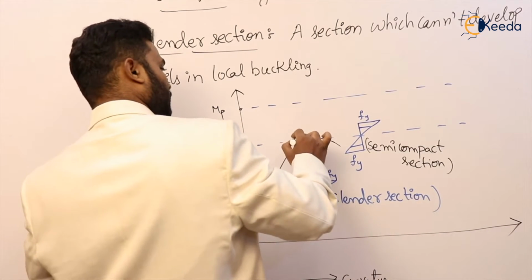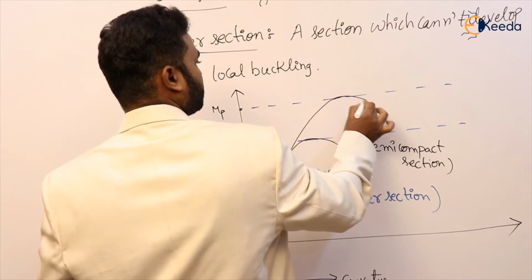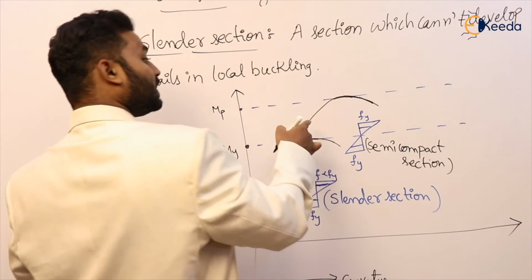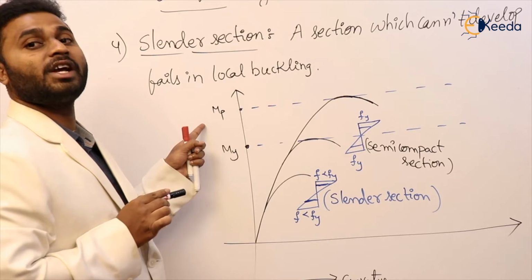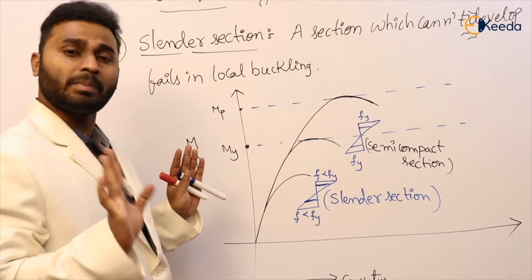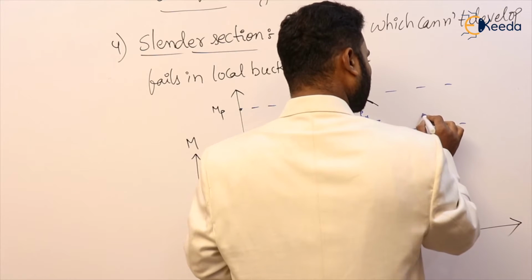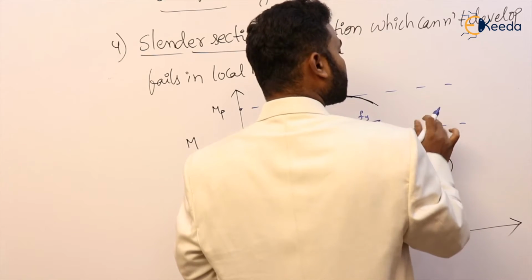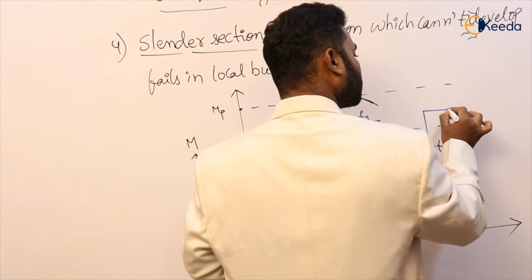Now next is compact section. It can develop plastic moment carrying capacity, but it fails by buckling. It does not fail by mechanism. If we see the stress distribution, we know how the stress distribution is in plastic state; the same stress distribution applies for compact section.